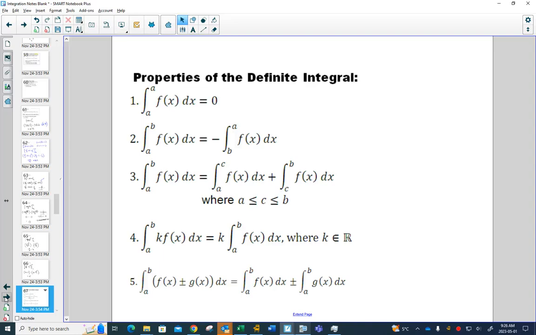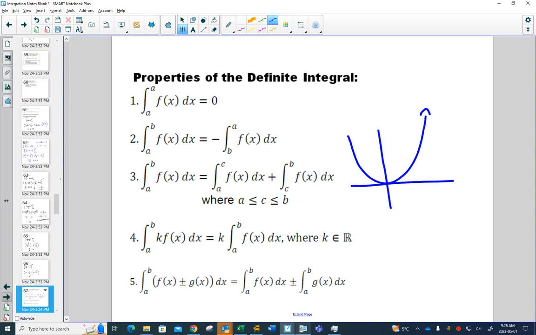If you found a point in between A and B. So for example, let's say I have a nice parabola, and here's A and here's B. The integral would find this area. If I introduced a value C in between them, does it make sense that the area from A to C plus the area from C to B would be the same as the whole area together?